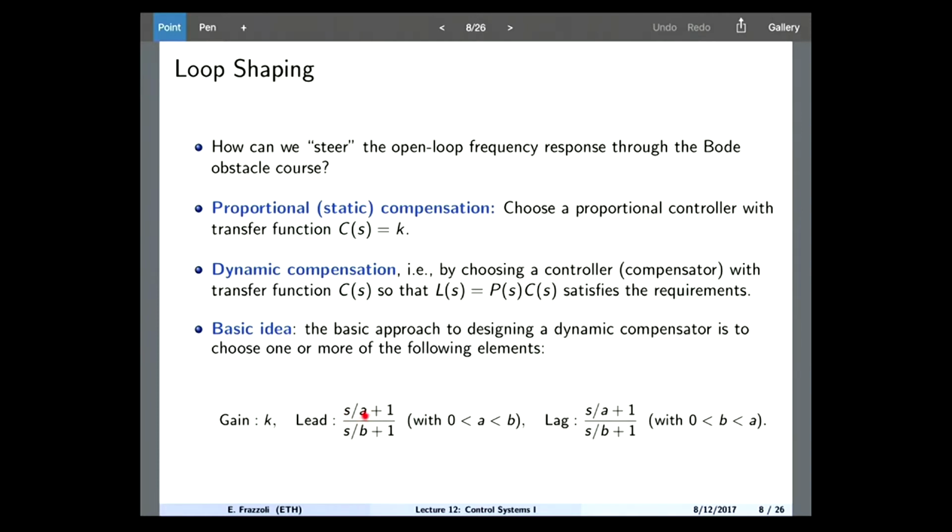So the zero is at minus a, the pole is at minus b, so if the zero occurs before the pole, then this is something that's called the lead, okay? We'll see why. If the pole occurs before the zero, then this is called the lag, okay? And what we'll do is we'll just put together 1, 2, 3, or more of these factors to get our compensator, okay?